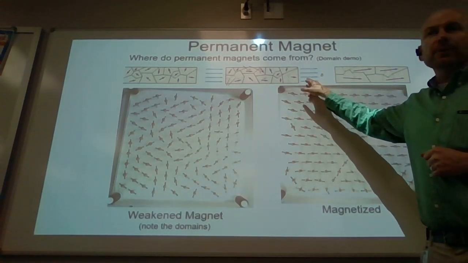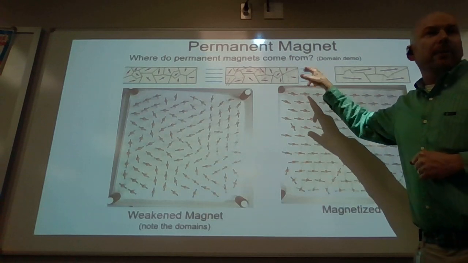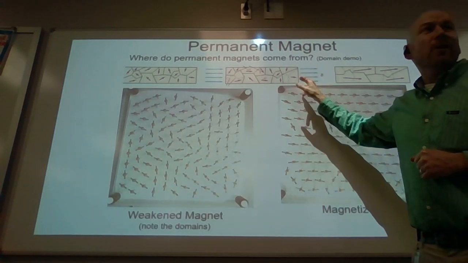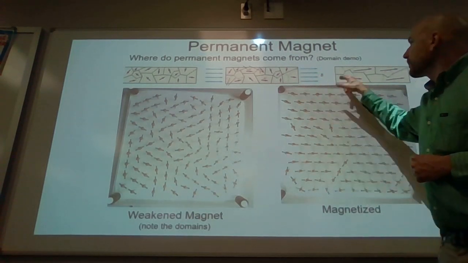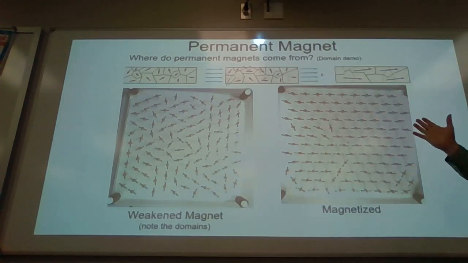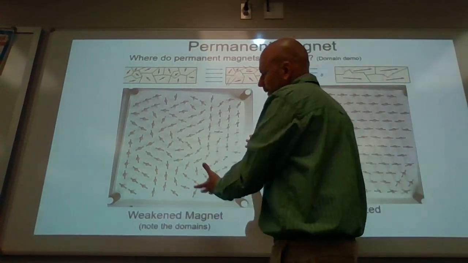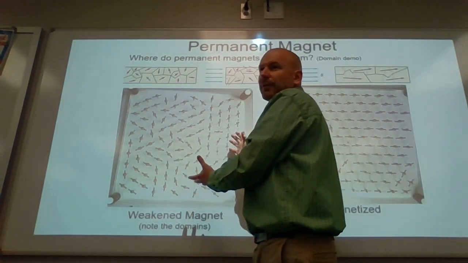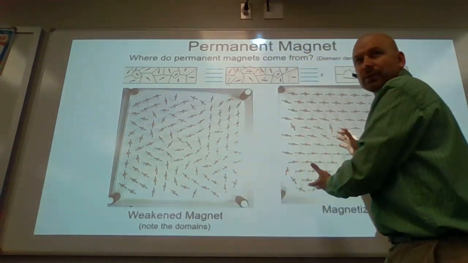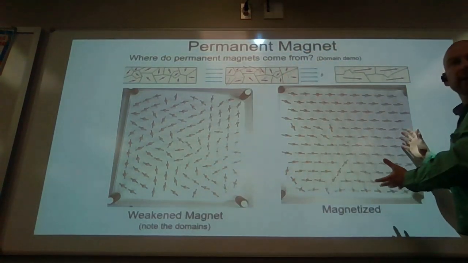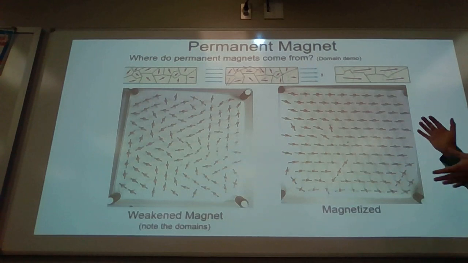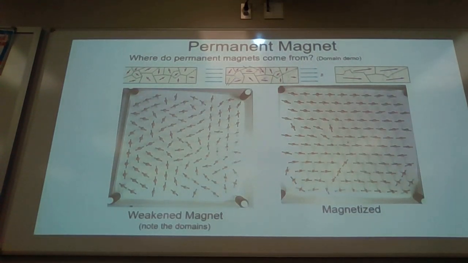And if that field is strong enough, or that piece of iron is exposed to that field for a long enough time, those domains switch and you get a magnet. Okay, so this would be a model of an example of just a hunk of iron that we pulled out. This would be the iron has now become magnetized, or the domains are more ordered in the same direction.